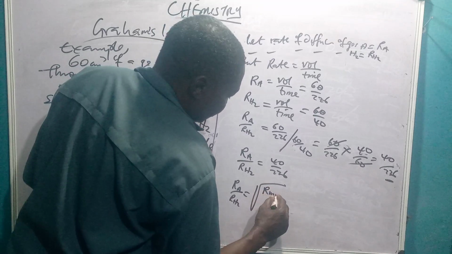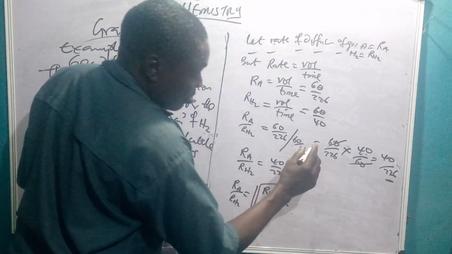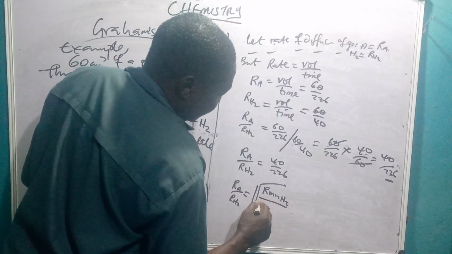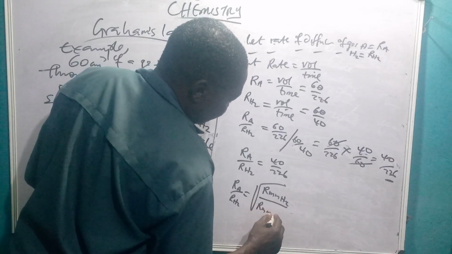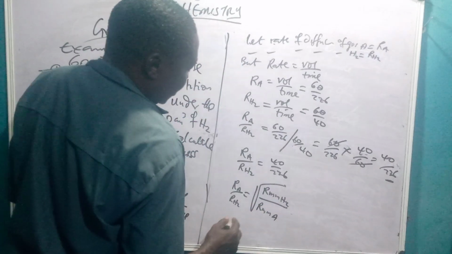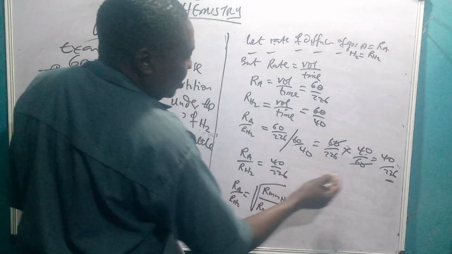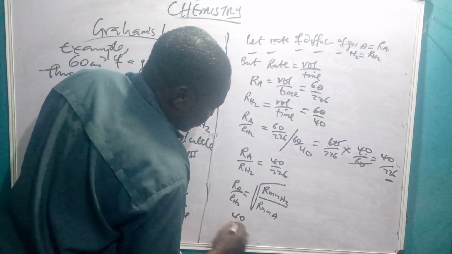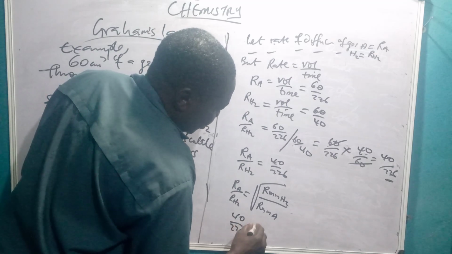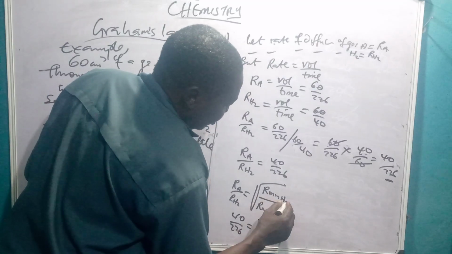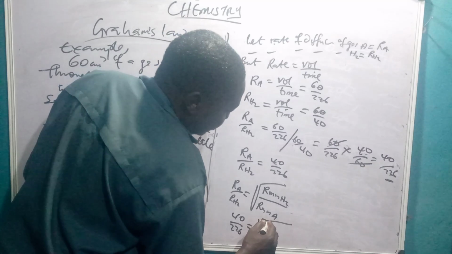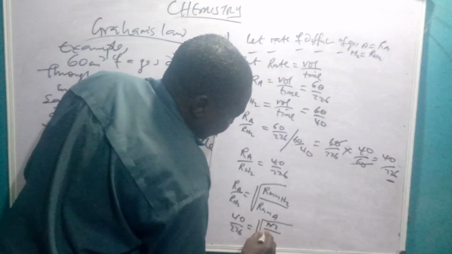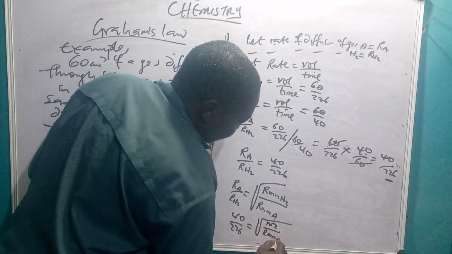Relative molecular mass of hydrogen goes up, over relative molecular mass of gas A. So 40 over 226 equals square root of relative molecular mass of hydrogen, 1 times 2, over relative molecular mass of A.